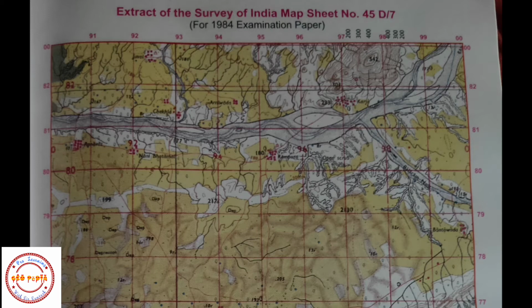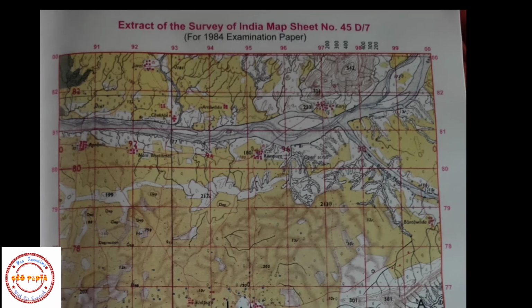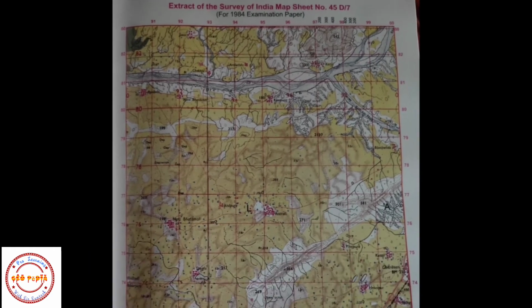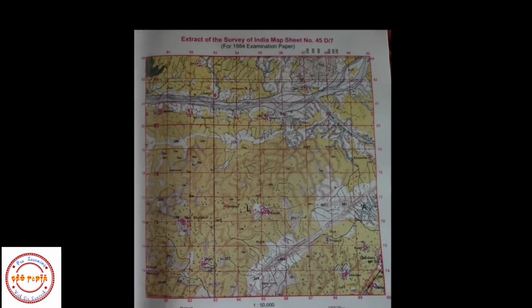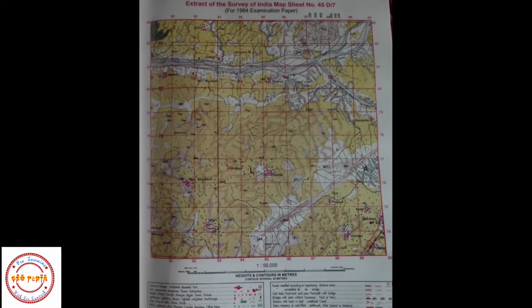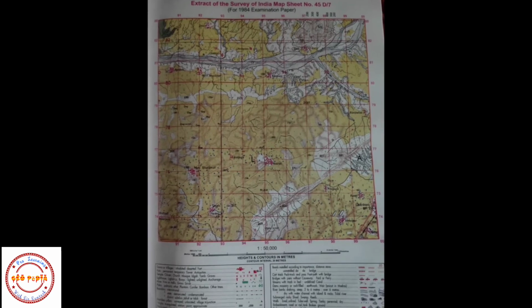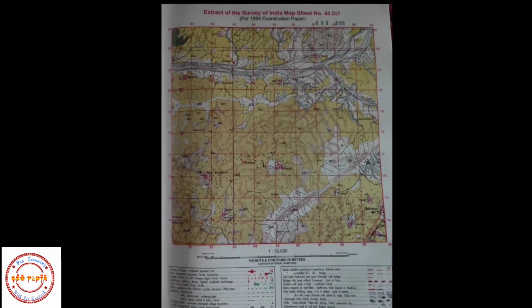So here we have 45D/7, and this topographical map is taken from the examination paper of 1984. We will practice all the examination topo sheets one by one, but later.